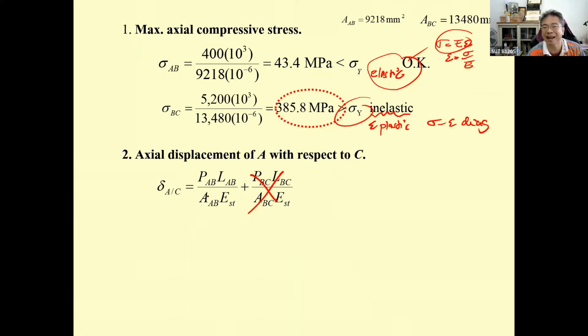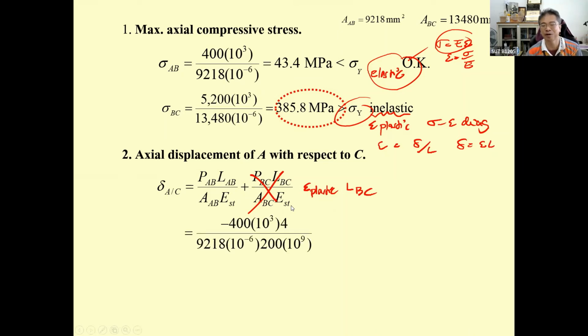But the first one can be used because it's based on Hooke's law. But this one will be determined by the plastic strain, and the strain equals deformation divided by L. So deformation is going to be strain times L. So that is going to be changed to this equation, and then just put it like this.